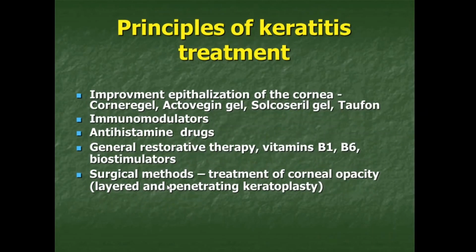We should prescribe the drops which improve epithelialization of the cornea, like corneal gel, actovegin, sulcoceril, immunomodulators, antihistamine drugs. Also, we can prescribe the general therapy which improves nutrition, like vitamins.